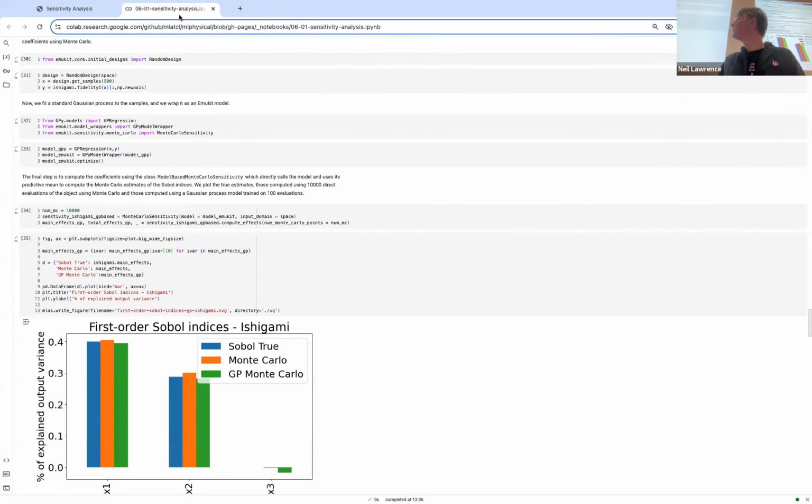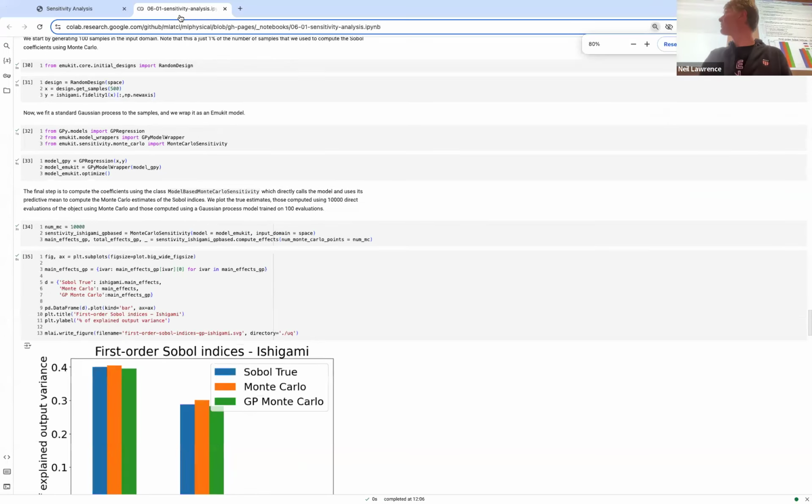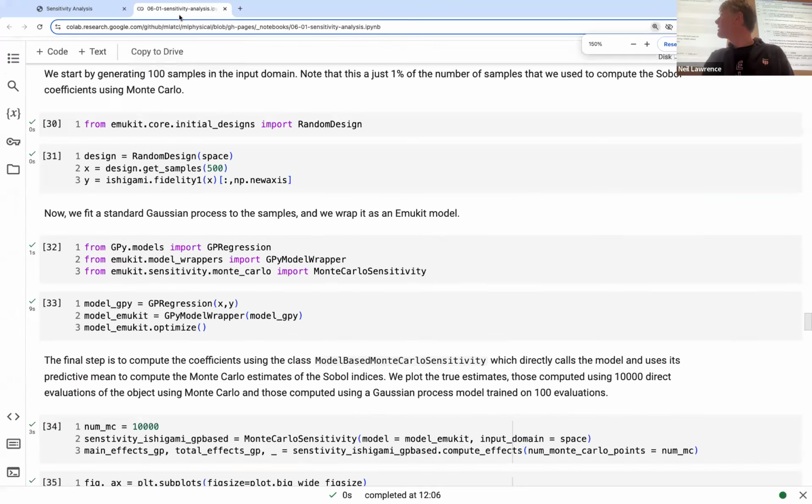Oh, no, computer says no. Let's try and zoom in. This is where we're at. Okay, we just got to there, right?